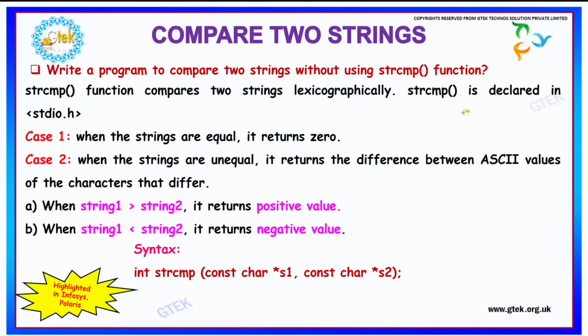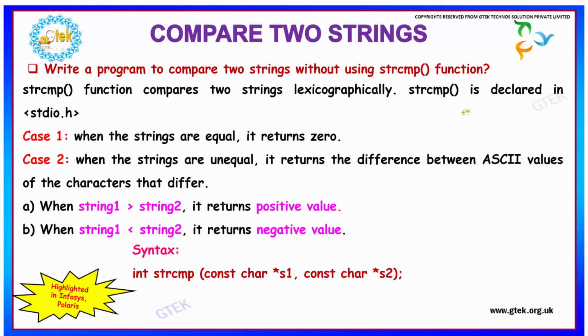Let us see how to compare two strings using a program without using a string compare function. Without using a string compare function, we have to compare two strings lexicographically, which can otherwise be done using the string compare function. When two strings are equal, it returns 0.